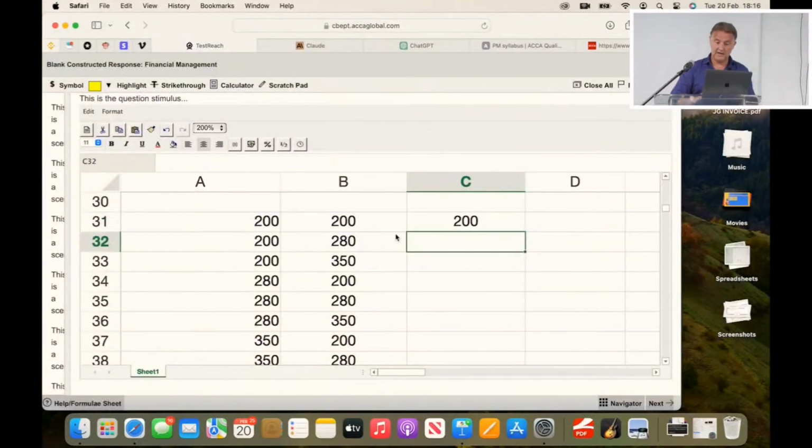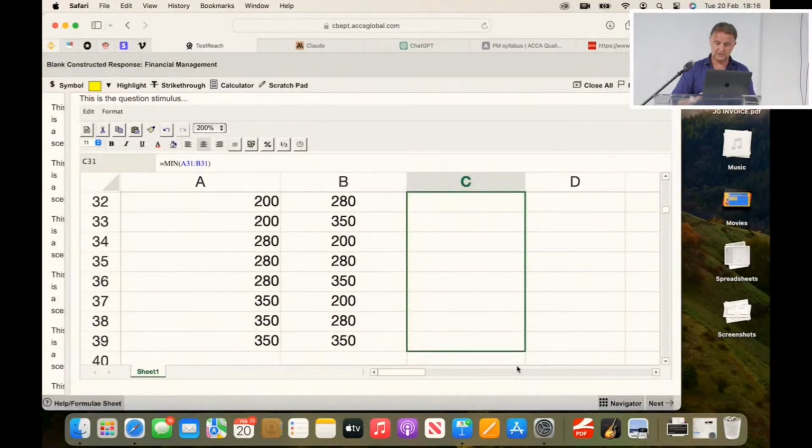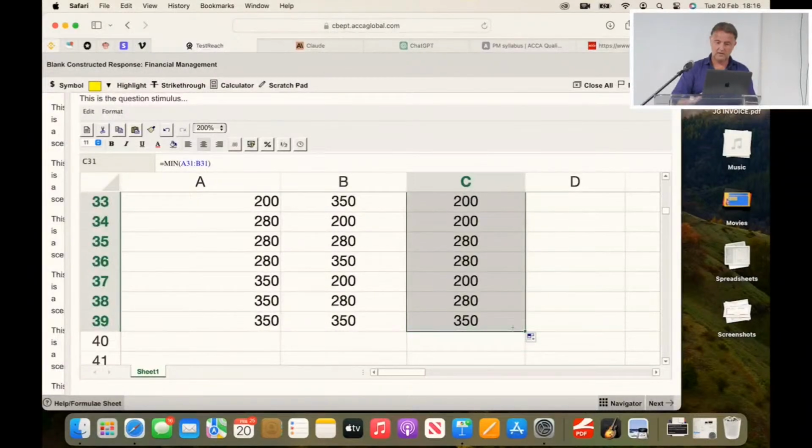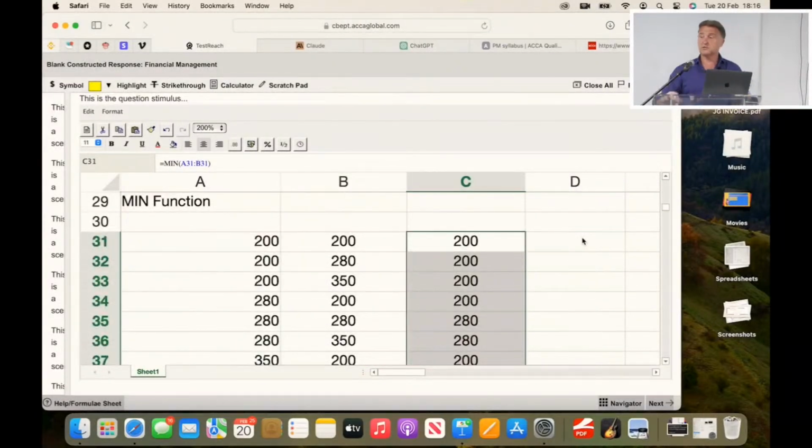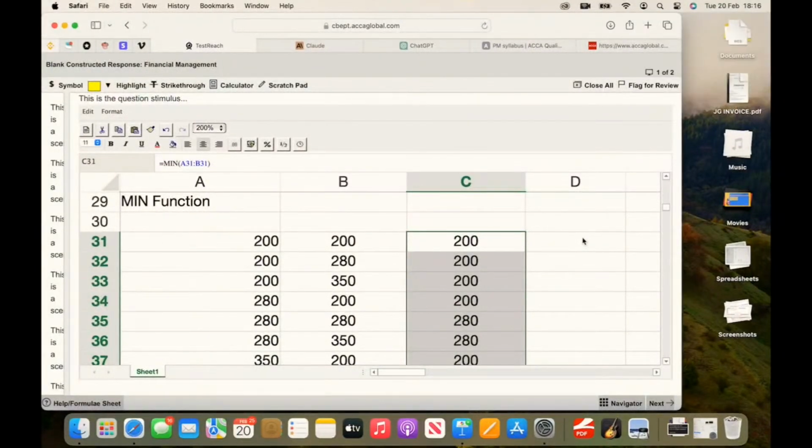Then get the little cross and drag it down to your heart's content, and it would do it all for you a lot quicker. Similarly, you could use the max function, which would work out the greater of the two. So that's the minimum function. Quite straightforward. You'd copy and paste these in from the question, then you'd do your function.